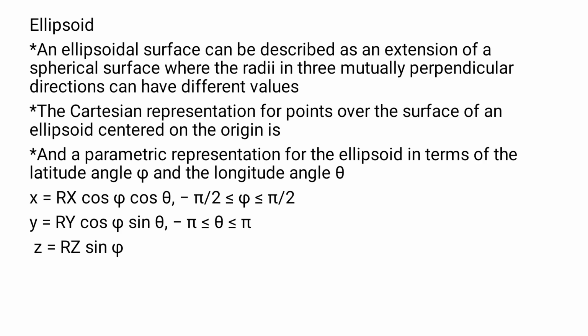The Cartesian representation for points over the surface of an ellipsoid centered on the origin is given, and a parametric representation for the ellipsoid in terms of the latitude angle phi and the longitude angle theta is x = Rx cos phi cos theta, with minus pi by 2 less than or equal to phi less than or equal to pi by 2, y = Ry cos phi sin theta, with minus pi less than or equal to theta less than or equal to pi, z = Rz sin phi.